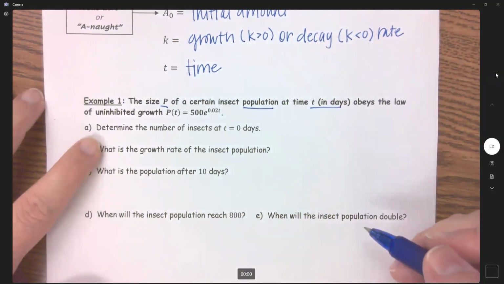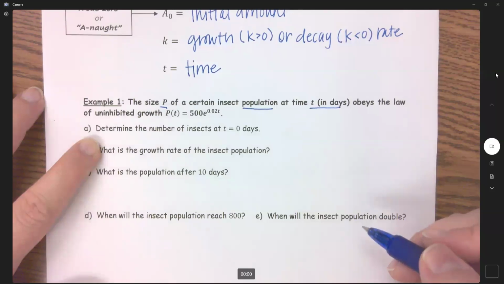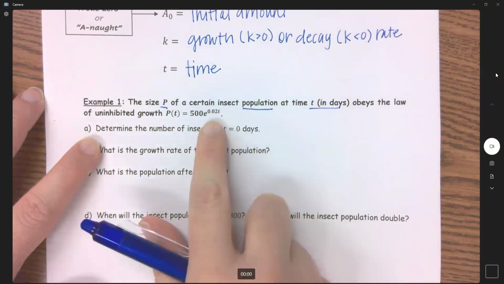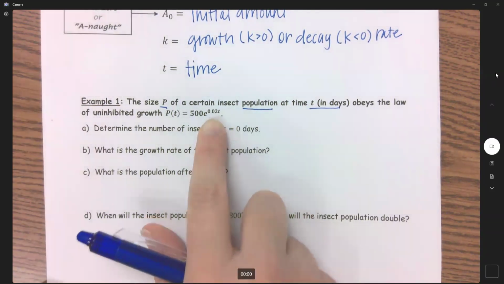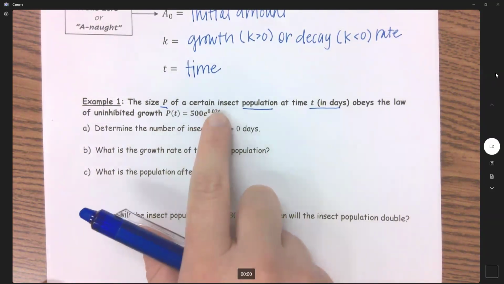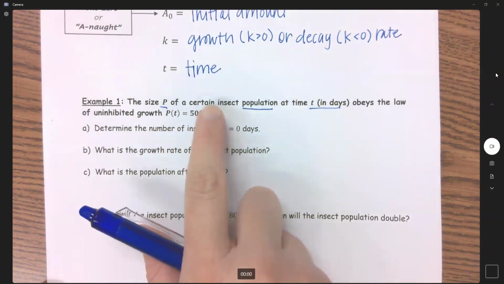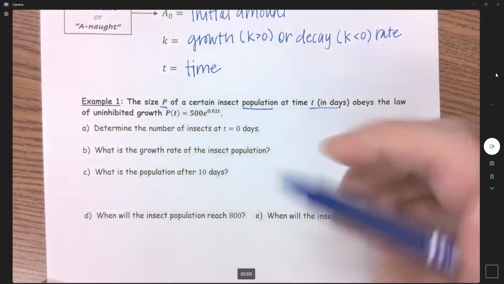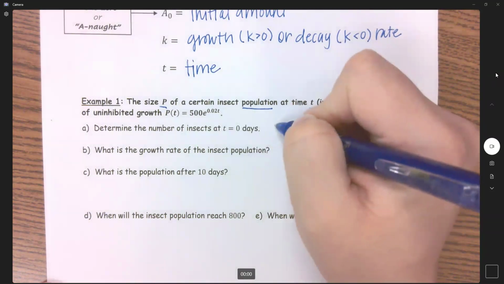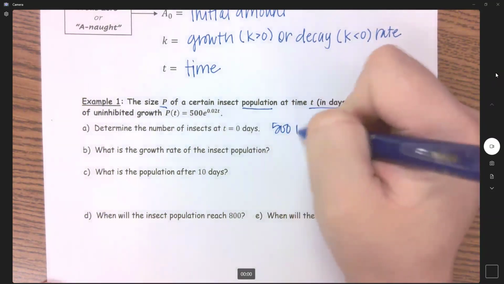Determine the number of insects at t equals 0 days. So you could plug in your 0 into here, and we would get 0 times 0.02 is 0. e to the 0, anything to the 0 power is 1, and 1 times 500 is 500. So the number of insects at t equals 0 days is 500 insects.